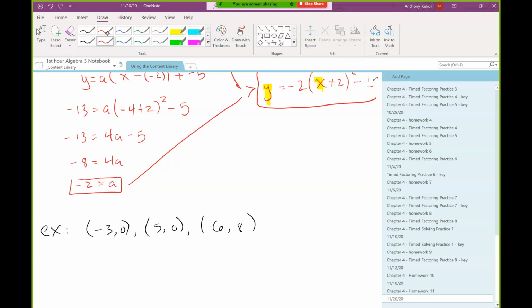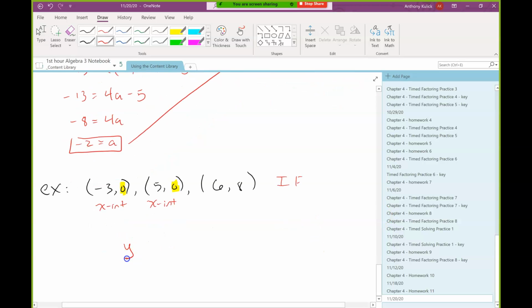Now there's a key observation we should make with these 3 points, because these aren't any three old points. Notice that for these 2 points, the y-coordinate is 0. That means that they are x-intercepts. So since I have 2 x-intercepts and then some other point, I should be using intercept form.